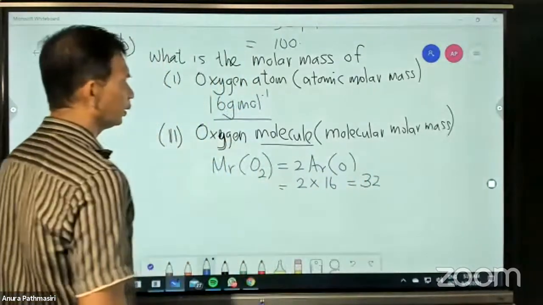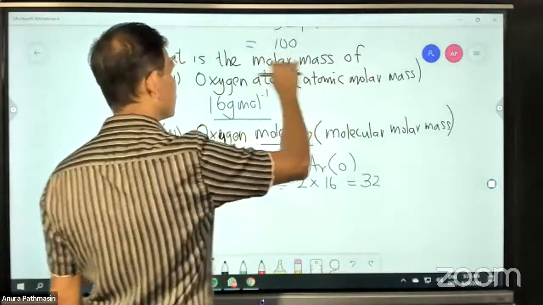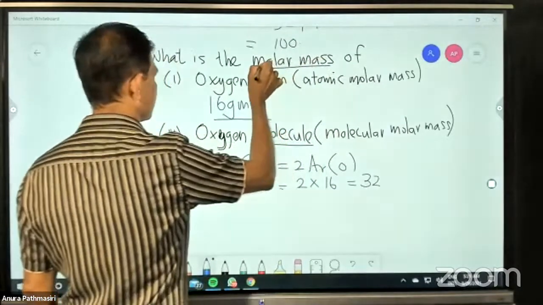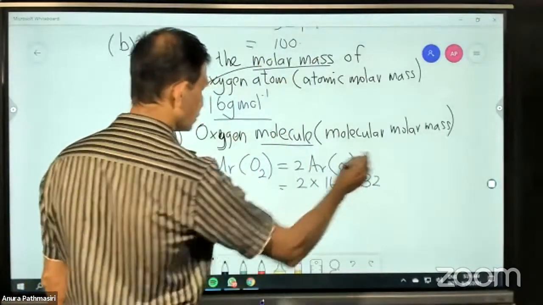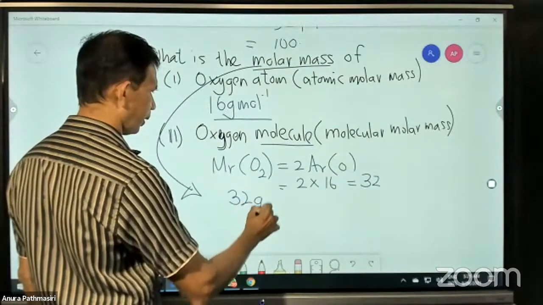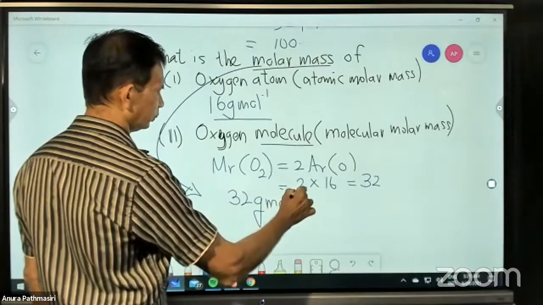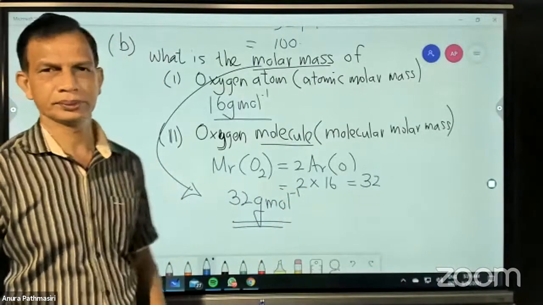But the question asks for the molar mass, so you have to express this in gram: 32 gram per mole.